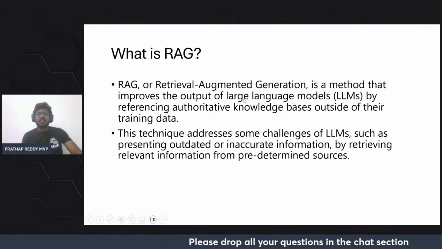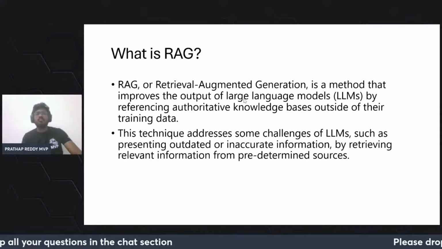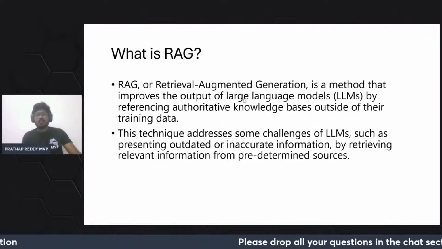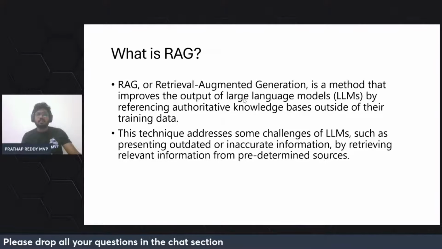This technique addresses some challenges of LLMs, such as presenting outdated or inaccurate information. For example, we can ask the ChatGPT model when the great legend Ratan Tata passed away.